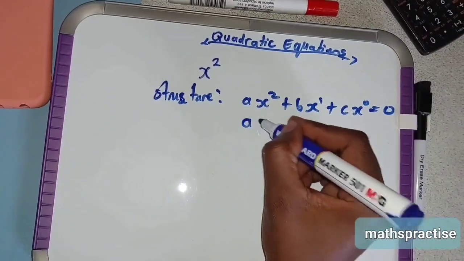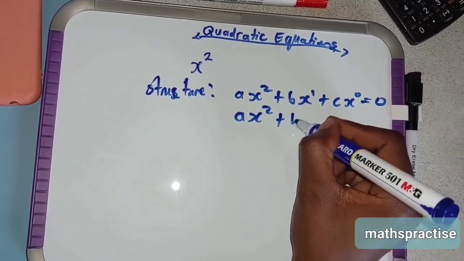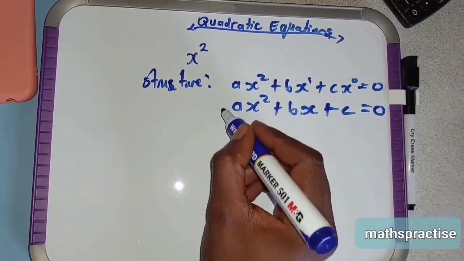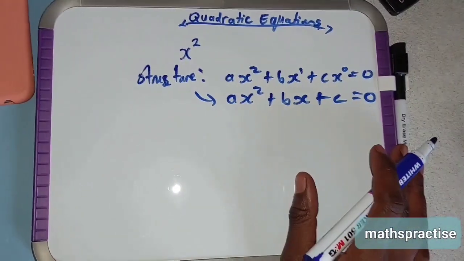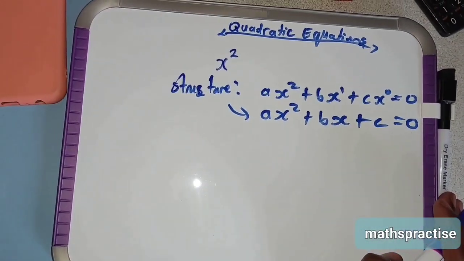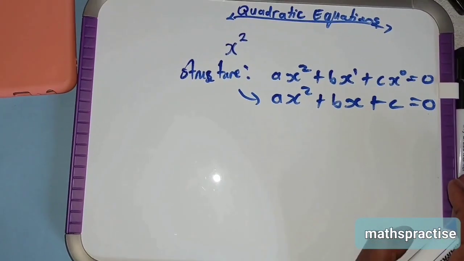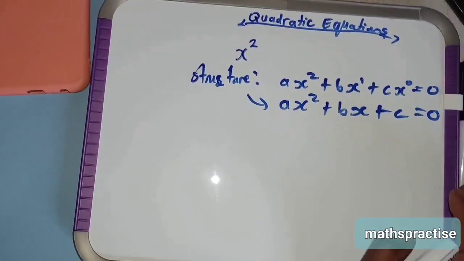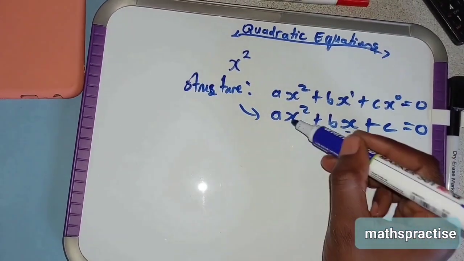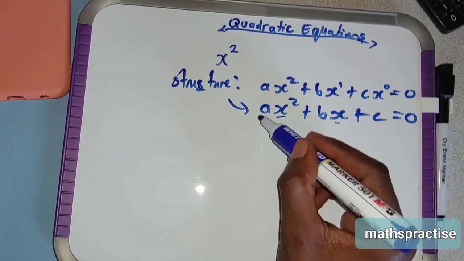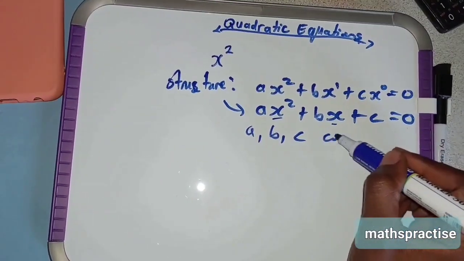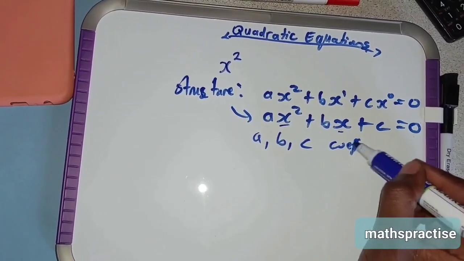So this becomes ax squared plus bx plus c is equal to 0. This is the general structure of a quadratic equation. And since in solving an equation we're generally looking for the value of the unknown, the unknown will be x, right? And a, b, and c will be just coefficients, okay?